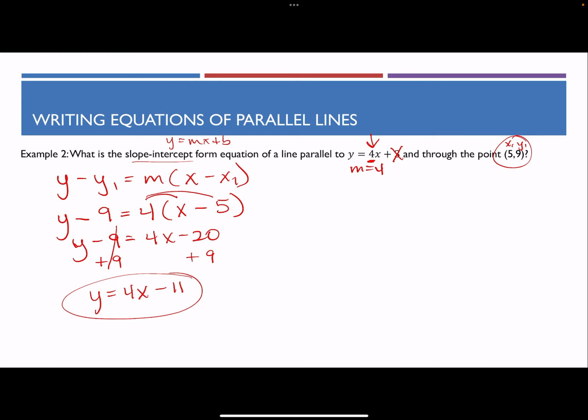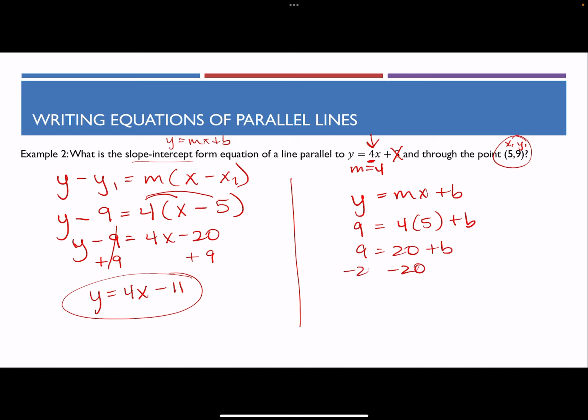Very quickly, if I were to plug in directly to y equals mx plus b, my y would have been 9, my m would have been 4, my x would have been 5. If I go through and solve this, and I know I'm going pretty quick, I would get the same thing for b. So my equation would still be y equals 4x minus 11. It doesn't matter which method you use.